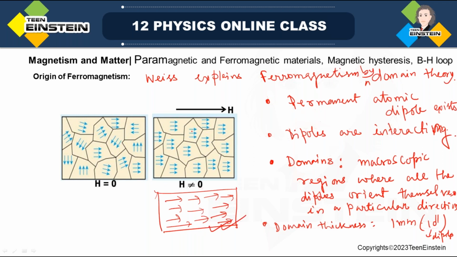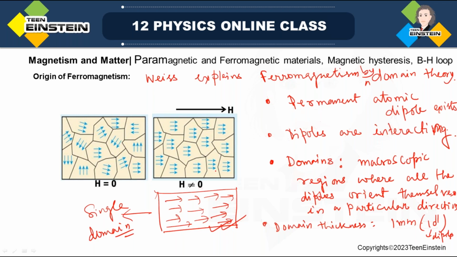So this will be the ultimate configuration. After orienting all the dipole moments along the same direction, the domains will not be there. All will be in a single domain. I think I got this figure from the textbook itself, but it may not be accurate.